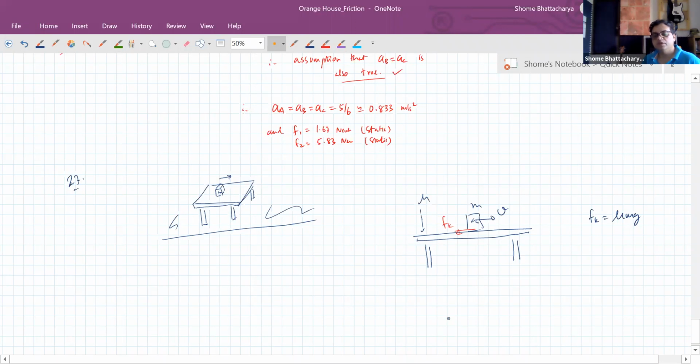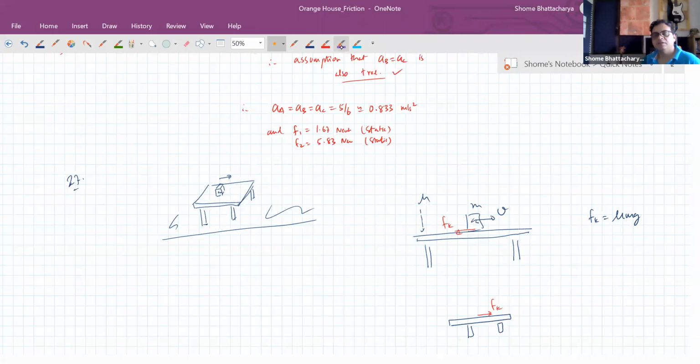Okay. But if you look at the table now, the table is at rest. How is the table at rest? Because the block will be applying a kinetic friction forwards on the table, but that will get balanced by the static friction acting on the four legs.